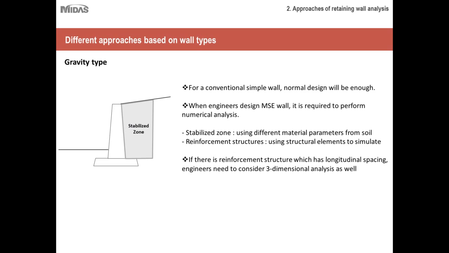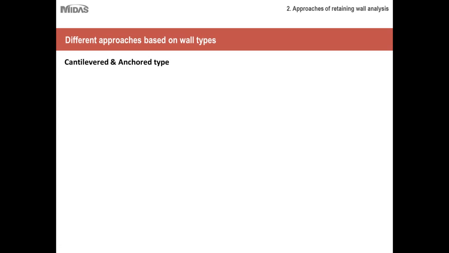Most of the time these reinforcement patterns or layouts are pretty symmetric and regular, so we need not perform 3D analysis on a regular basis. But it is always good to know that if you encounter reinforcement arrangements differing from one section to another in the third dimension, then you have to perform three-dimensional analysis.